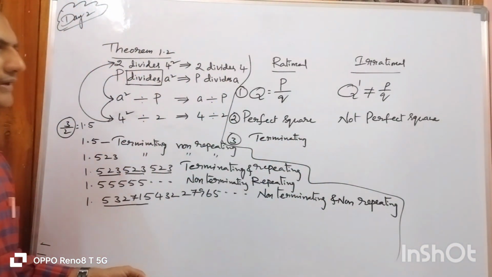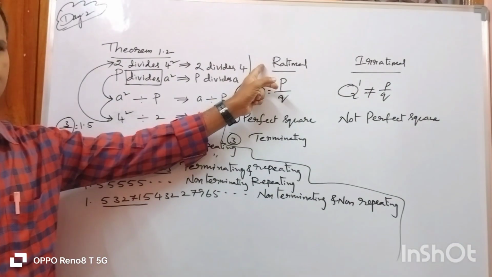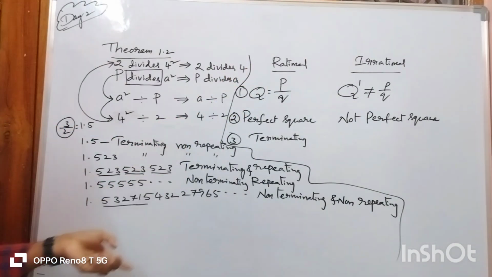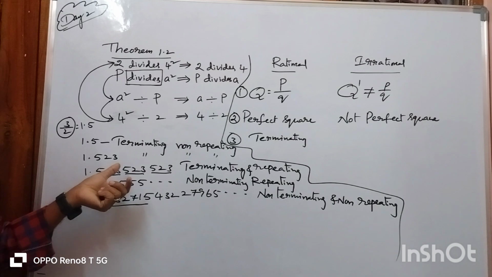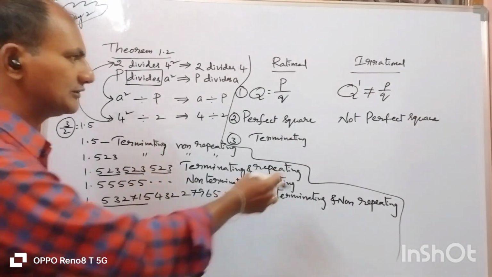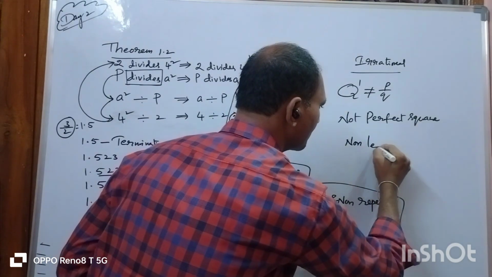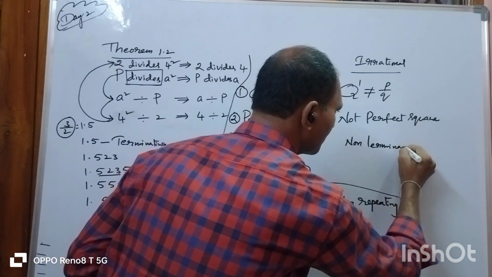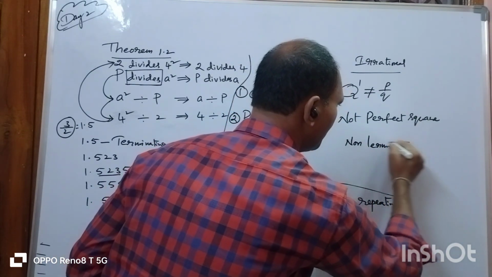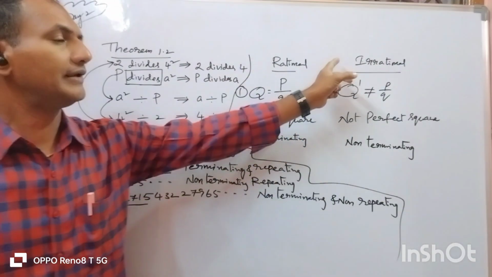Terminating decimals are rational numbers. Next, which are non-terminating is an irrational number.